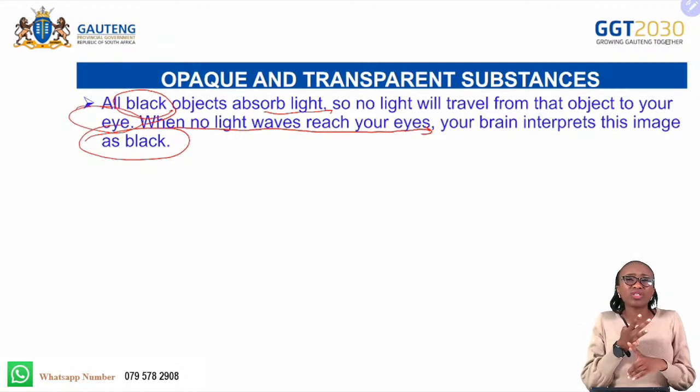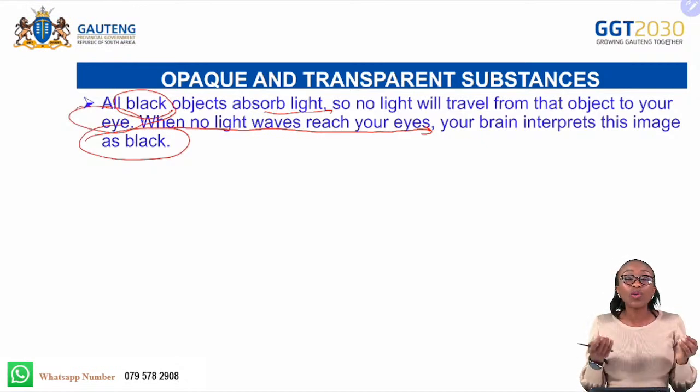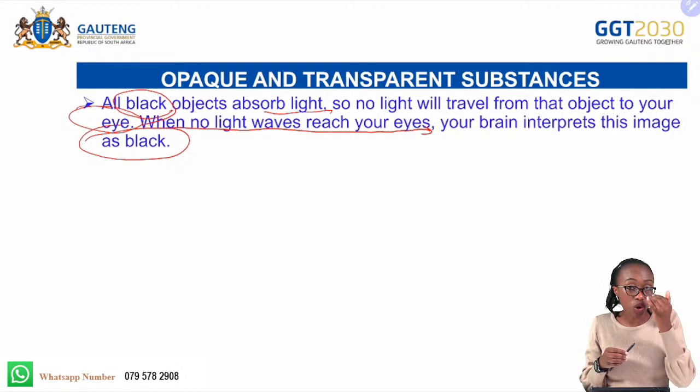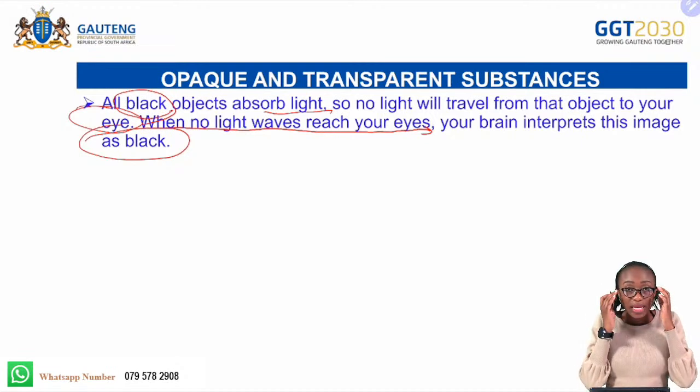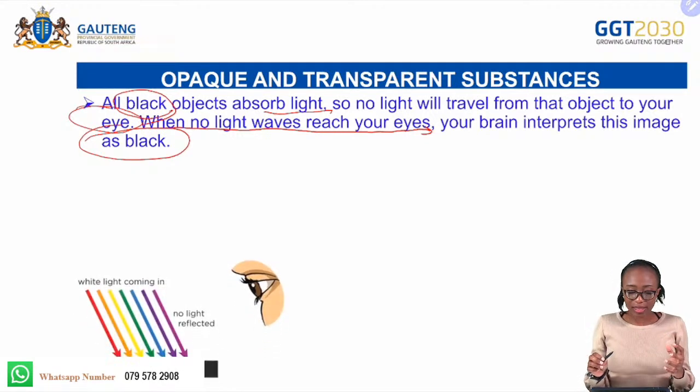So next time you see a black shoe, a black piece of clothing, or a black piece of furniture, just know that there's no light being reflected towards your eye, so your brain is registering that color as black.